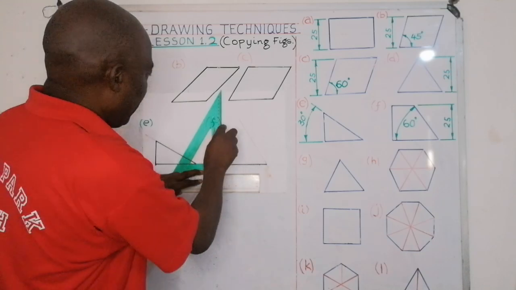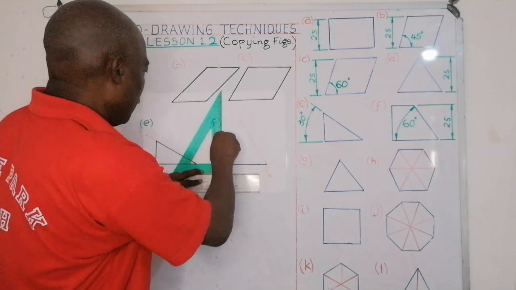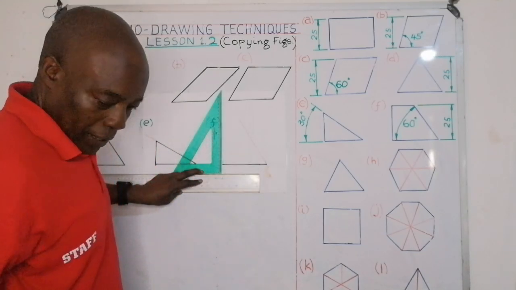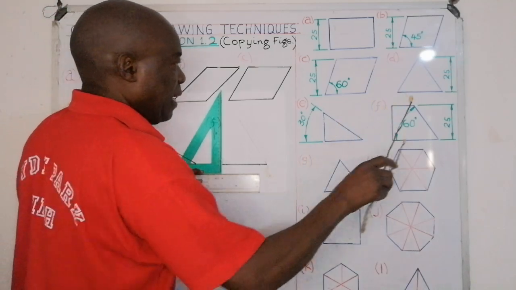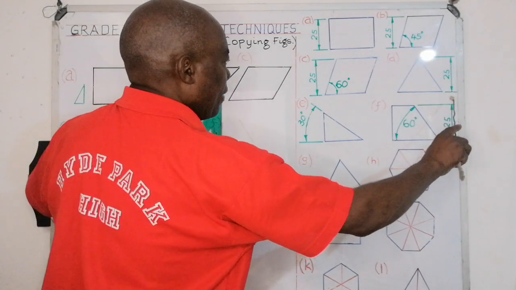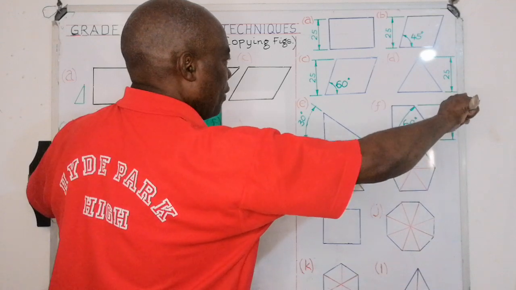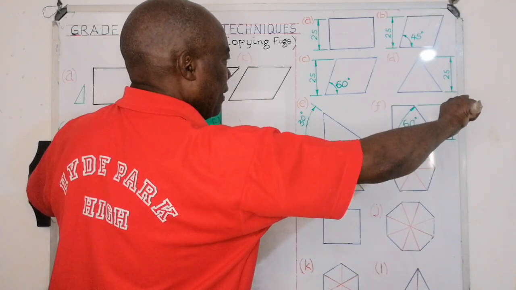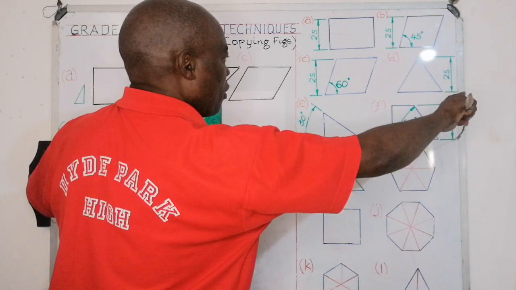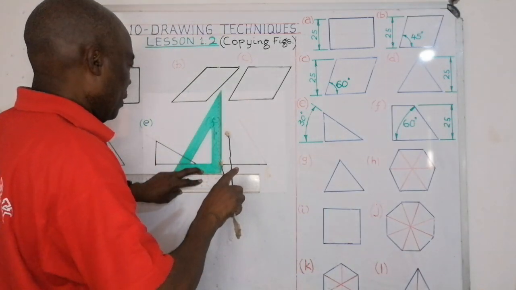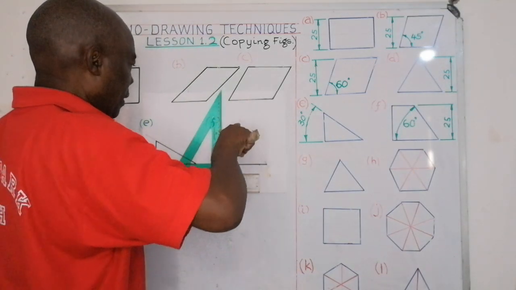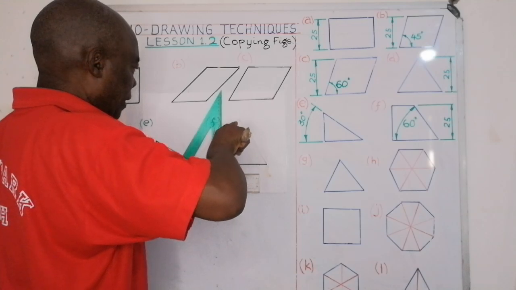Let me do it faintly first. So my 25, let me mark off my 25. That's my 25, but if it were a ruler, I would mark off from a ruler, but I'm simply copying those. So now that's my 25 mark there.